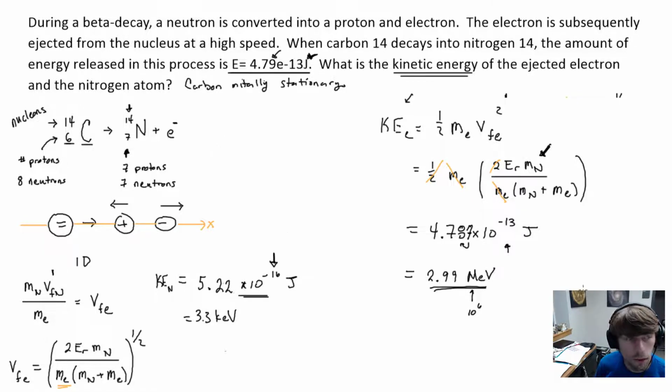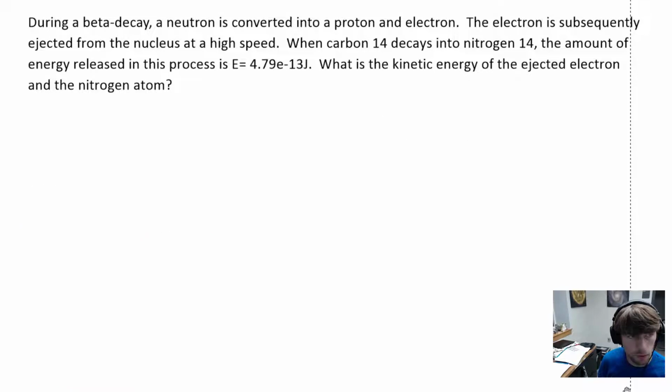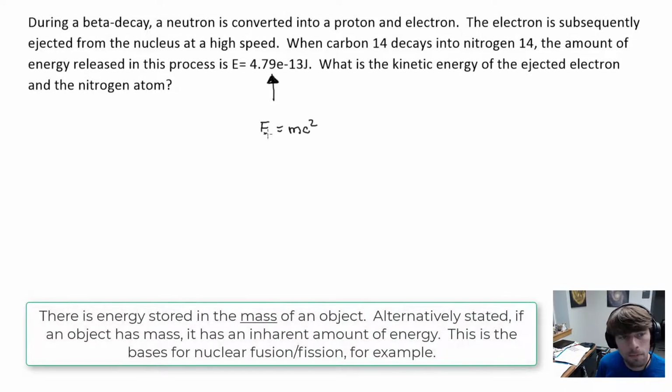Cool. Now, of course, the point that I was trying to raise with you at this point was this is an experimentally determined value right here. You might say, where does that value come from? The short answer is it comes from E equals mc squared. Now, that's beyond the scope of this course, but that's essentially what happens.